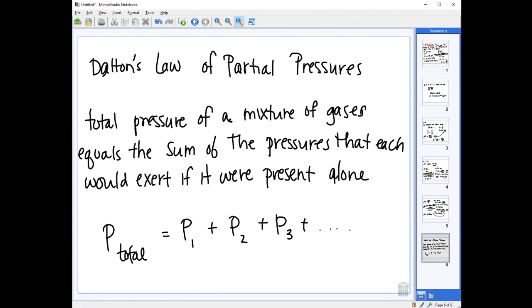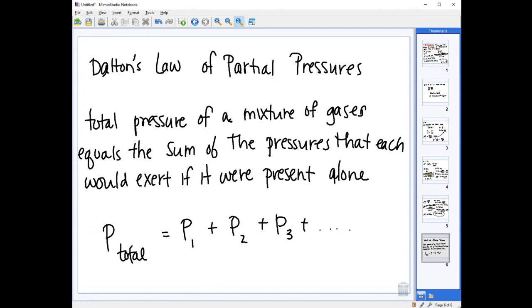Basically, what it's saying is that each gas behaves independently of one another. We can determine that by looking, at the top of page 416, that if we break this down and plug in our ideal gas equation, all of the gases in the container have to occupy the same volume and come to the same temperature.